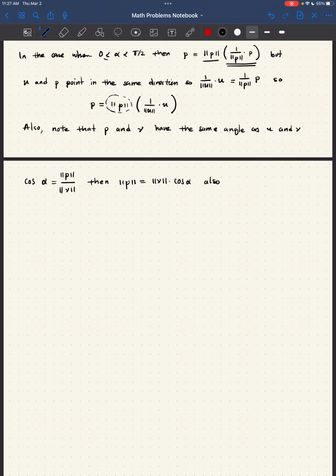The cosine of alpha, which is the same angle that U and V share, is the dot product U transpose V over the magnitude of U times the magnitude of V. Well, okay, so now it's just a matter of combining things.